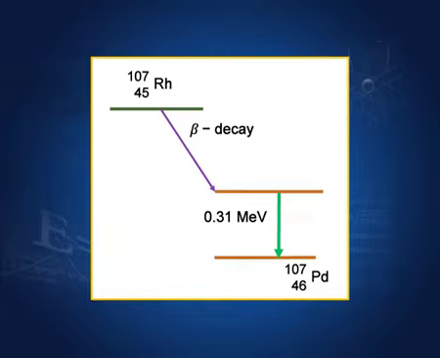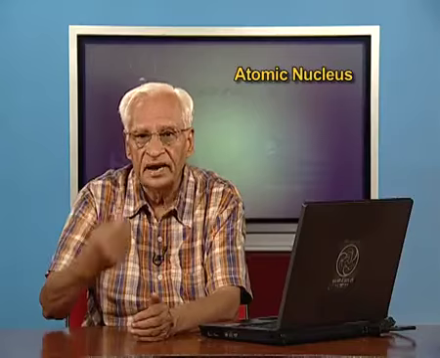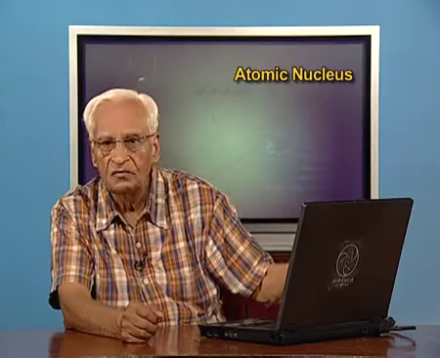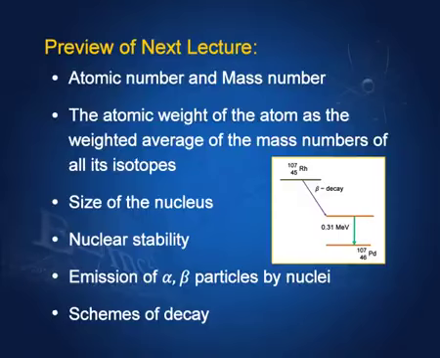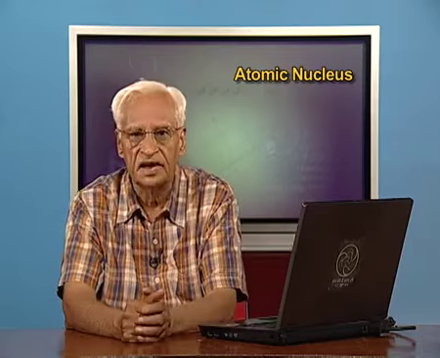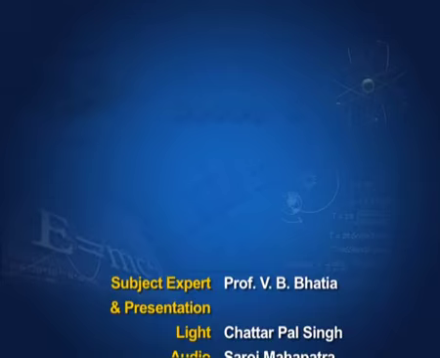I told you already that if there are a large number of nucleons present, they tend to make the nucleus unstable. So, we shall worry about nuclear stability, and we shall study emission of alpha and beta particles by the nuclei and the scheme by which nucleons decay.